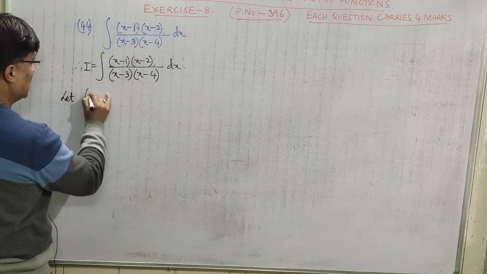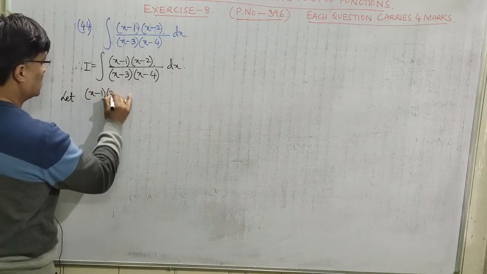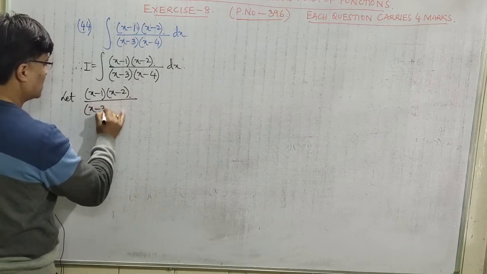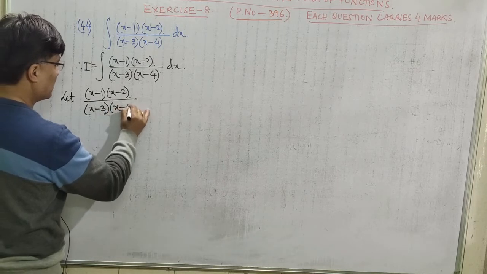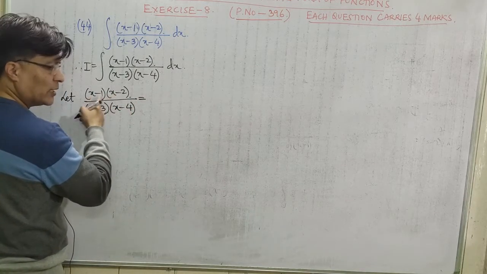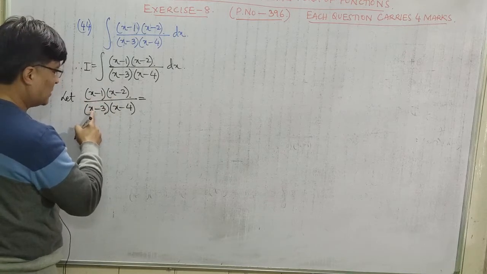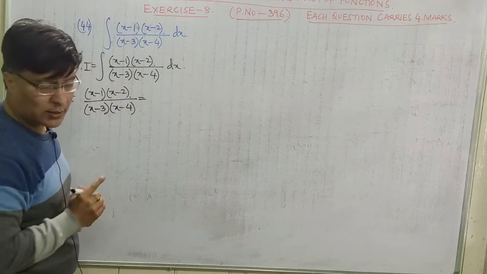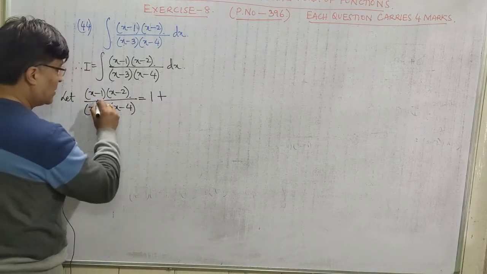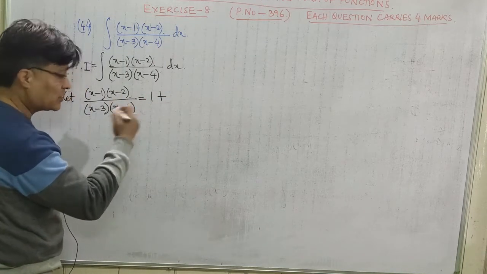So let x minus 1 into x minus 2 divided by x minus 3 into x minus 4 is equal to, so in the numerator the coefficient of x square is 1 and in the denominator also the coefficient of x square is 1. So 1 divided by 1 is 1 plus. Now you can directly convert this fraction into partial fraction.